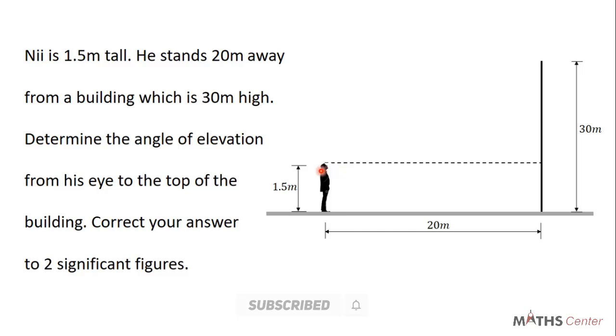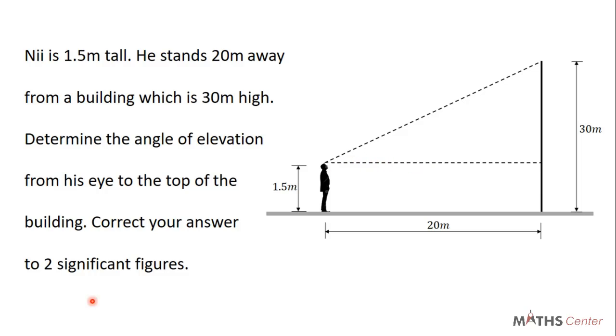Now we know that on a normal day, this is Ni's normal eye level, but we want the angle of elevation from his eyes to the top of the building. We can see from this diagram that that would be this angle, the angle created between this line and his normal eye level.